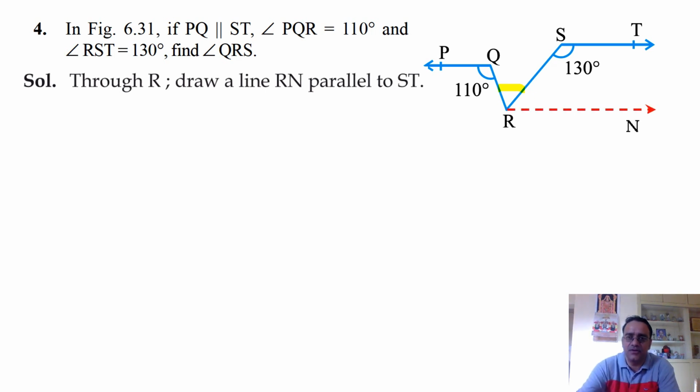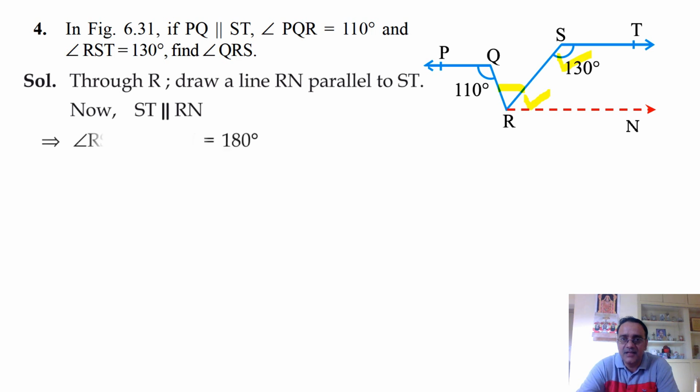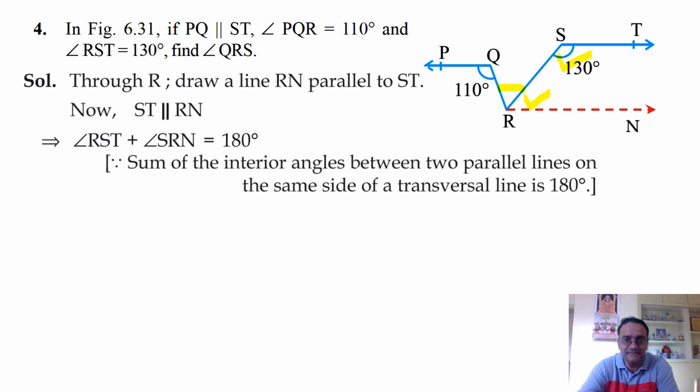ST. Okay, now ST is parallel to RN, and SR is the transversal, so the sum of these two angles is 180 degree, right? Angle RST plus angle SRN is equals to 180 degree. Now we'll substitute RST, that is 130 degree.